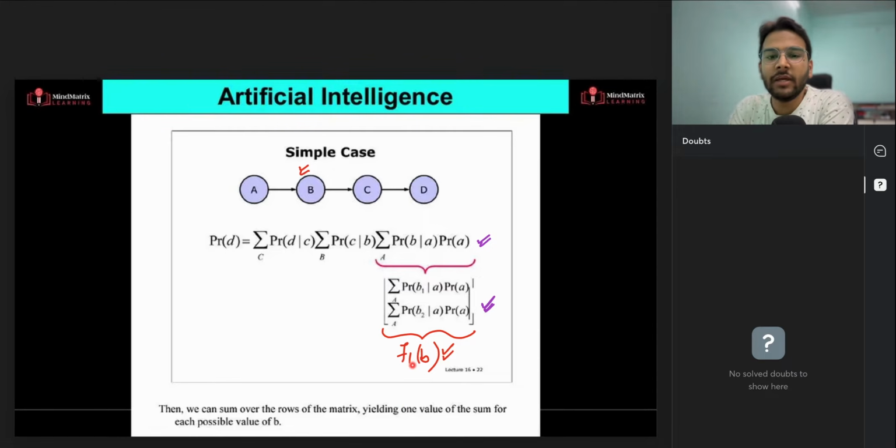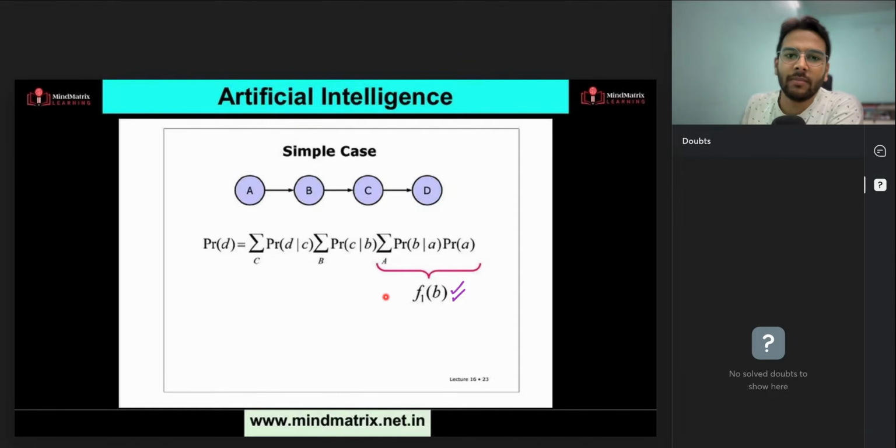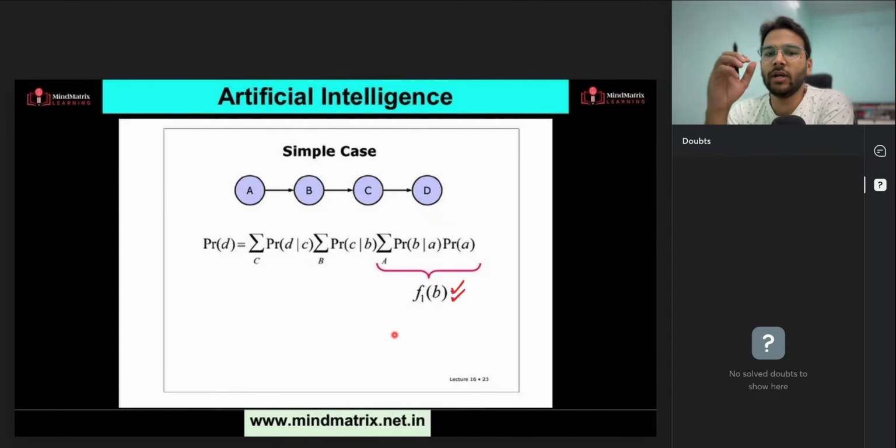Now this factor can be either the probability itself, or it can be some other value. So I'm replacing this with f1 of B. At this point of time, you may or might not have the entire clarity of why we are doing it, or how we are doing it, but it will make sense in some time for sure.